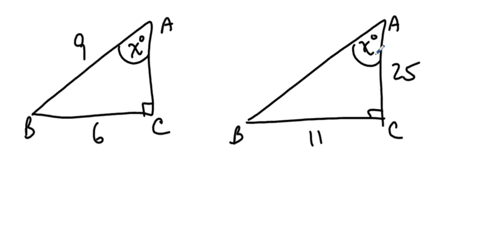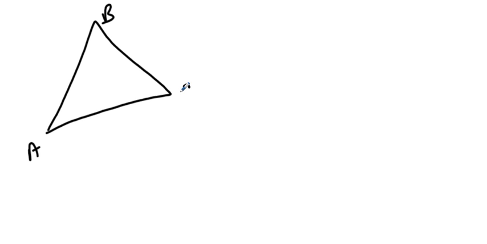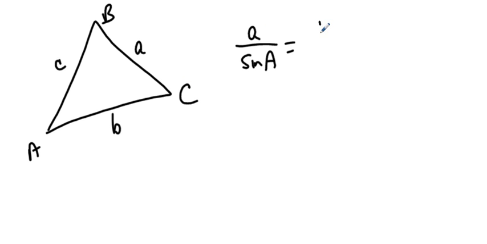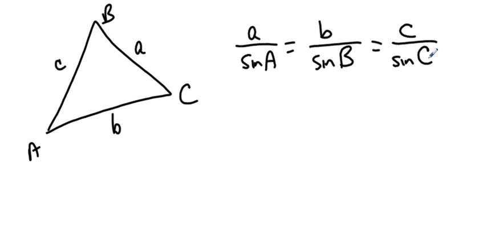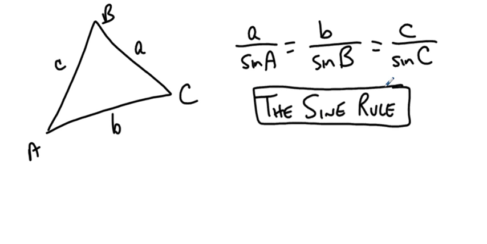You should know that trigonometry applies in triangles that are not right triangles. So given any triangle where the side lengths, little a is the length of the side opposite angle A, little b is the length of the side opposite angle B, little c is the length of the side opposite angle C, you should know that a divided by the sine of angle A is equal to b divided by the sine of angle B is equal to c divided by the sine of angle C. This is called the sine rule, or the law of sines.